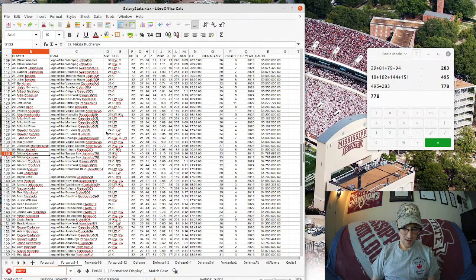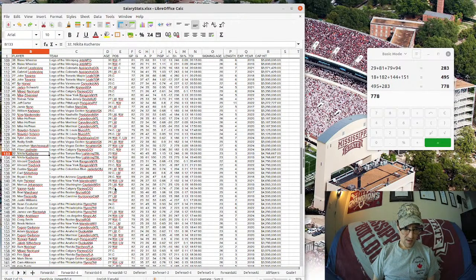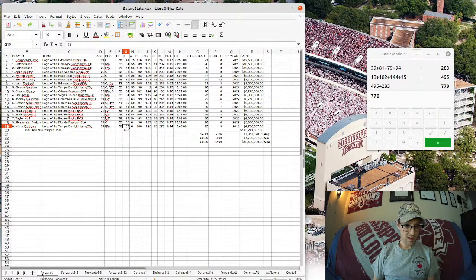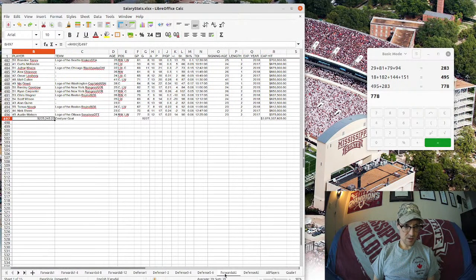There he is, okay. So McDavid to Kucherov.